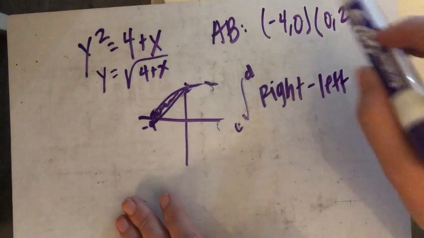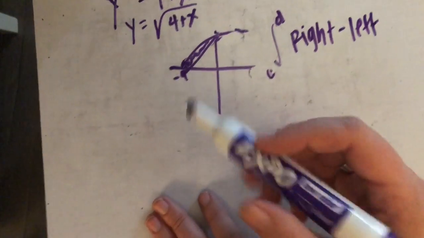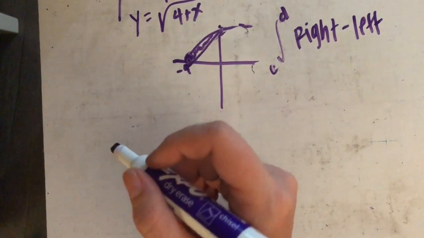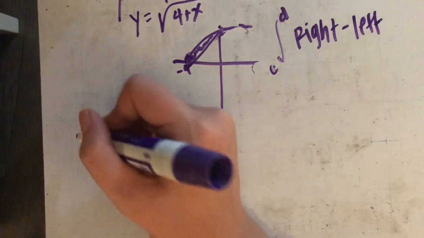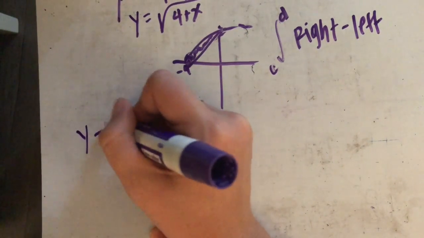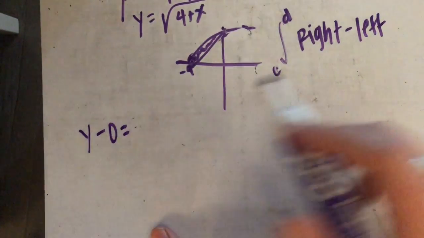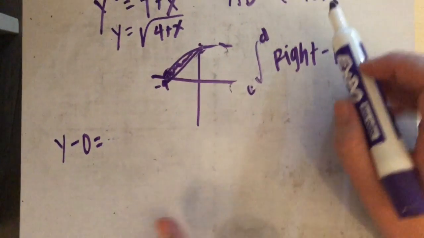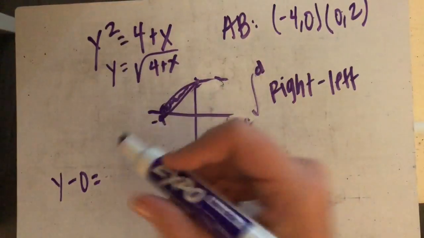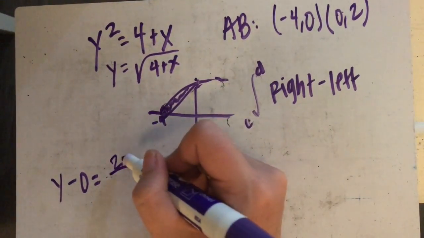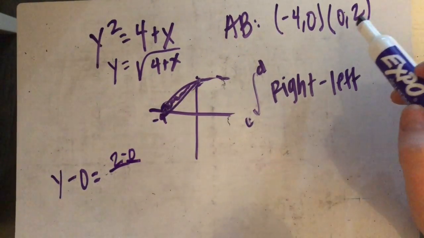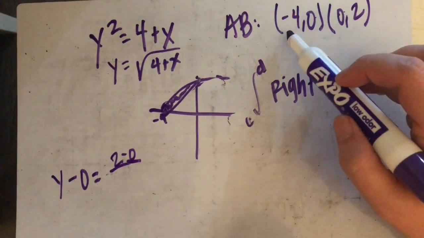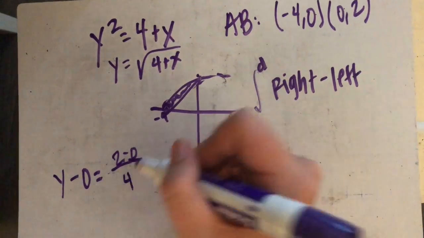So I don't have an equation for this. I can do that using algebra. So I'm gonna come over here to a little sidebar situation. And I know that I have y minus 0 equals my slope, so I could do my y minus y, 2 minus 0, over 0 minus -4, which is positive 4.